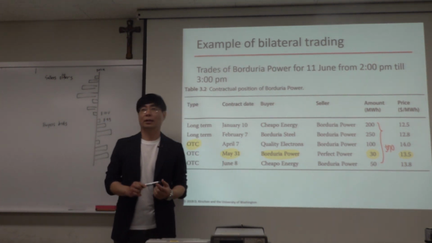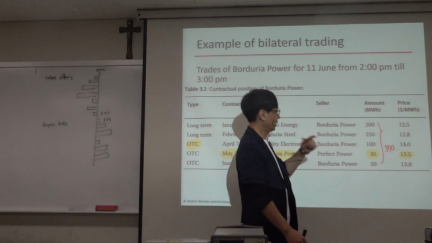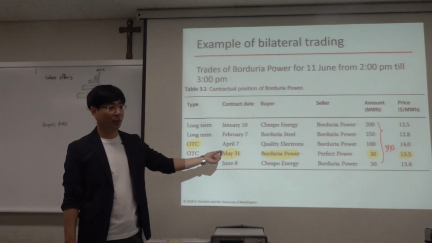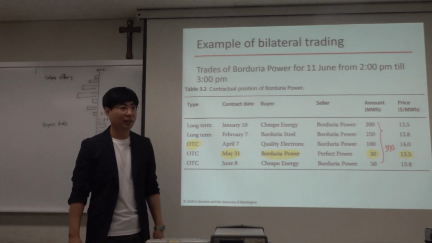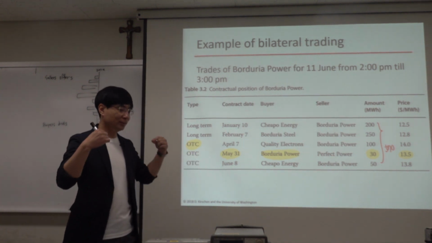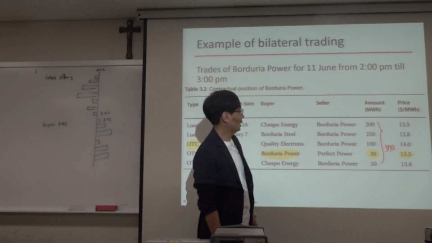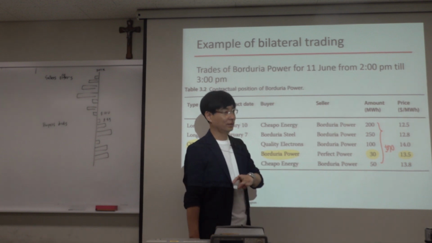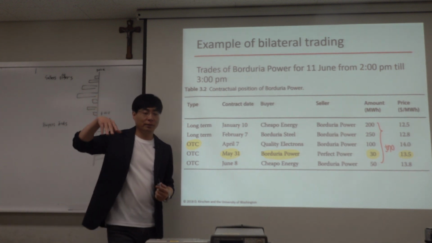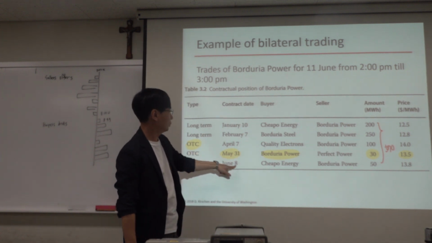The administrator of Bulgaria Power decides that he can buy. Actually, Fiona is the administrator of Bulgaria Power in the textbook. She is the one who decides to sell or buy at what price. And she decided that she can buy power and sell it later at a higher price. You see the price difference. So she wanted to take advantage of the price fluctuation. Okay, May 13 and June 8.